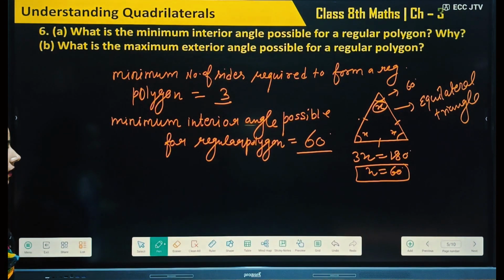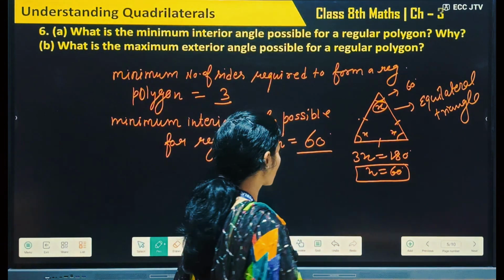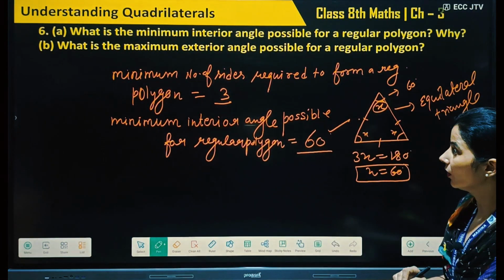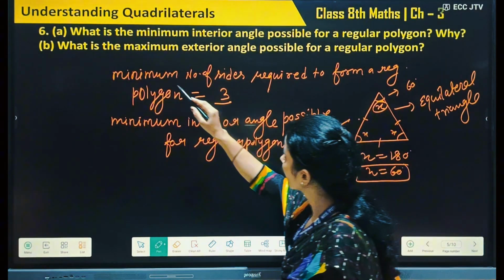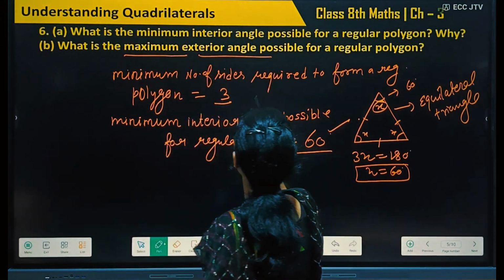Minimum interior angle possible for a regular polygon is 60 degree. Okay, its opposite: what is the maximum exterior angle?